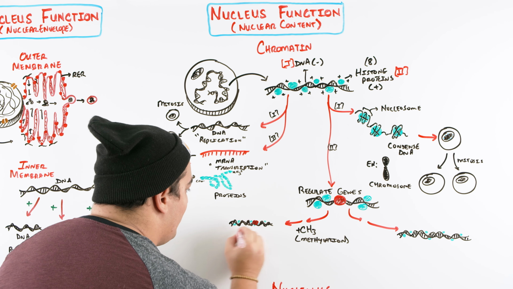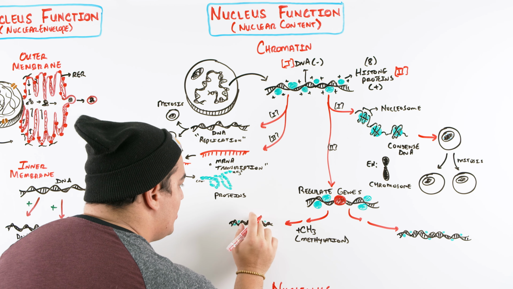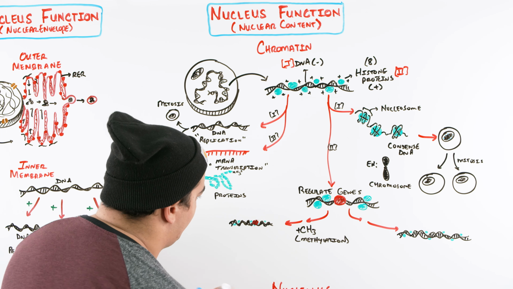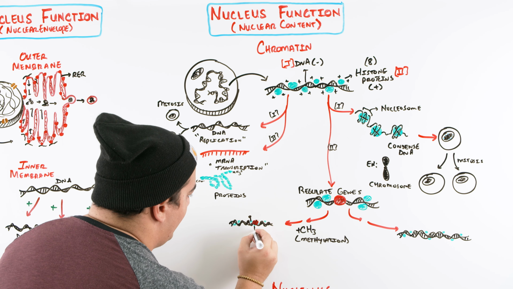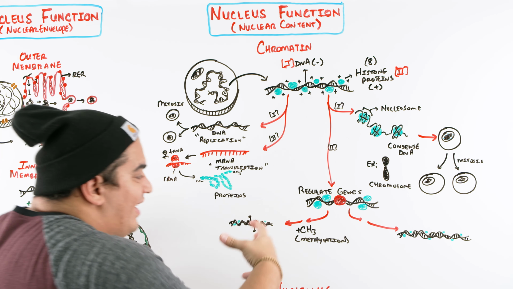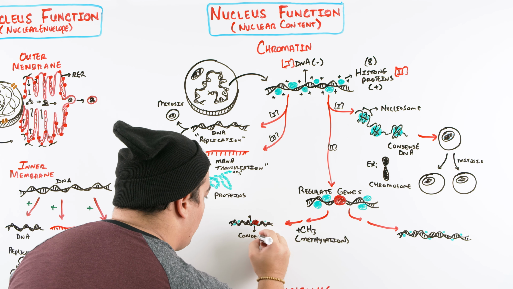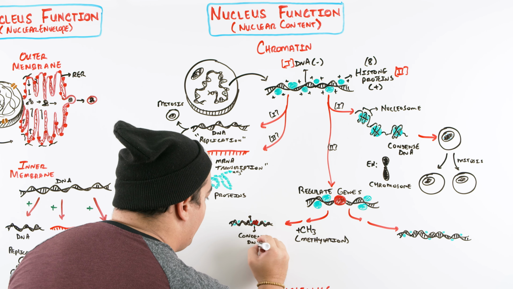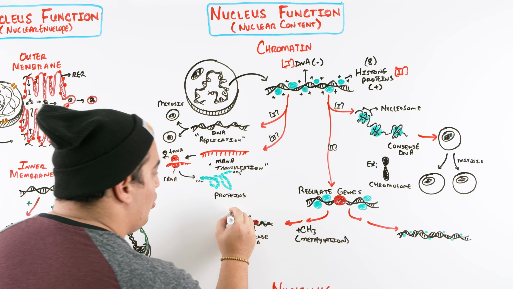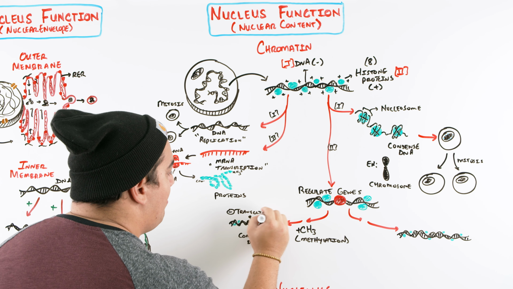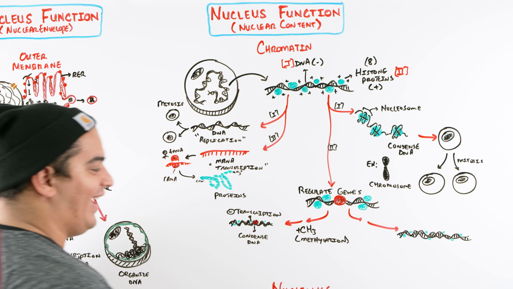If I add a methyl group, which I'm representing with this dot here, onto these histone proteins, they will condense the DNA. When they condense the DNA, it's really hard to provide transcription, so we will inhibit transcription.